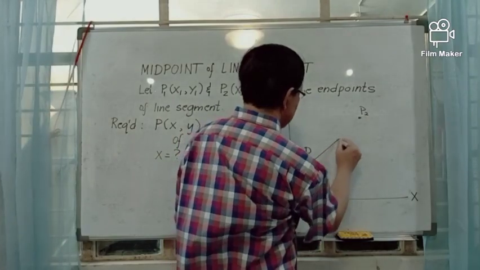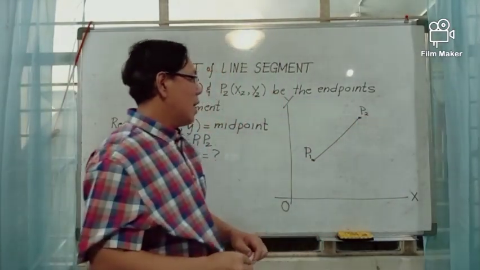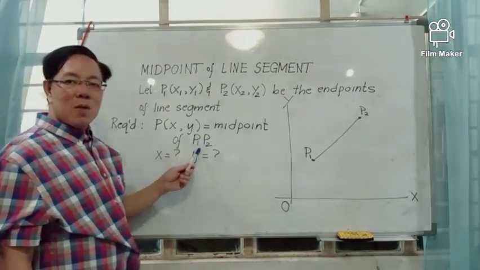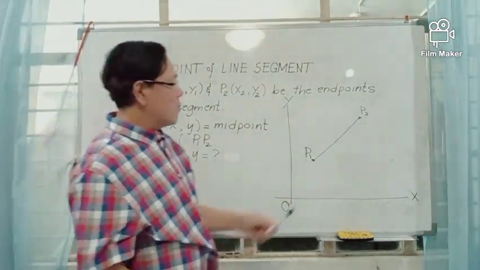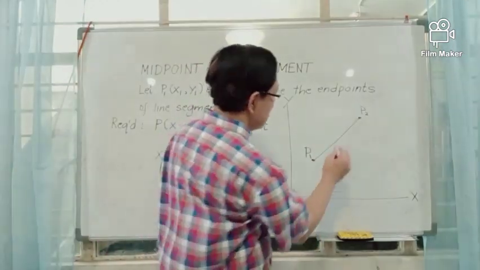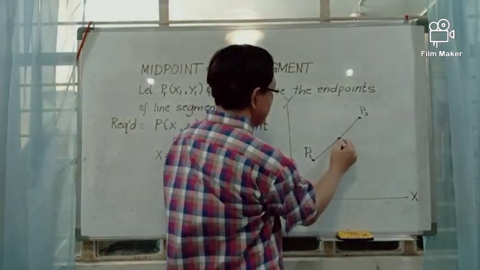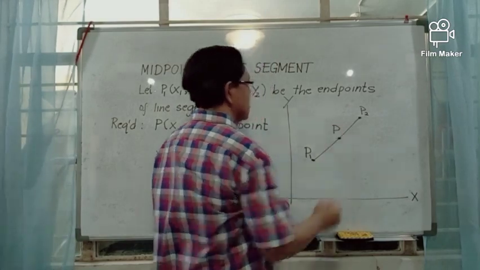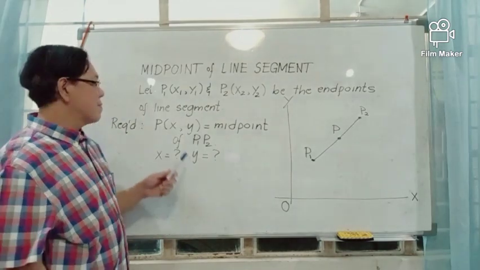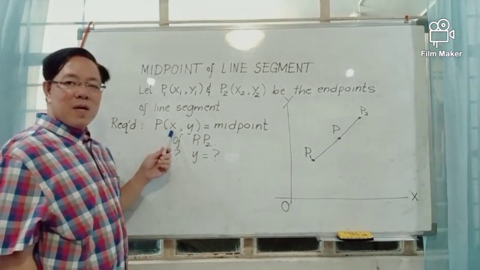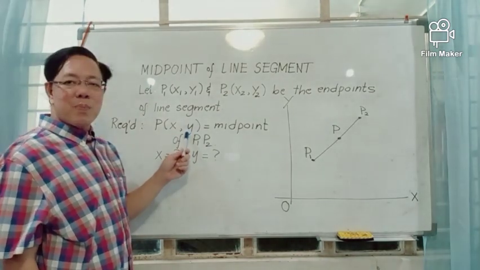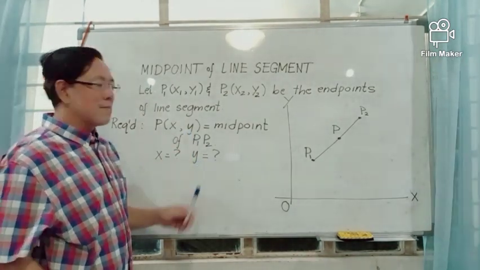The line segment with endpoints P1 and P2 is this line segment denoted by P1P2. And we locate the midpoint of this line segment. We denote this by P, and we will find the coordinates of P. In particular, we will find the abscissa of P denoted by x and the ordinate of P denoted by y.